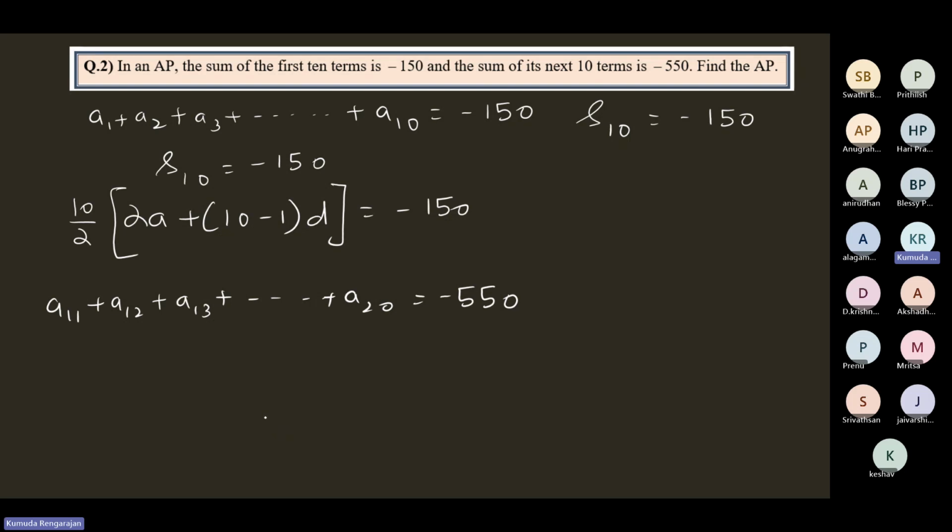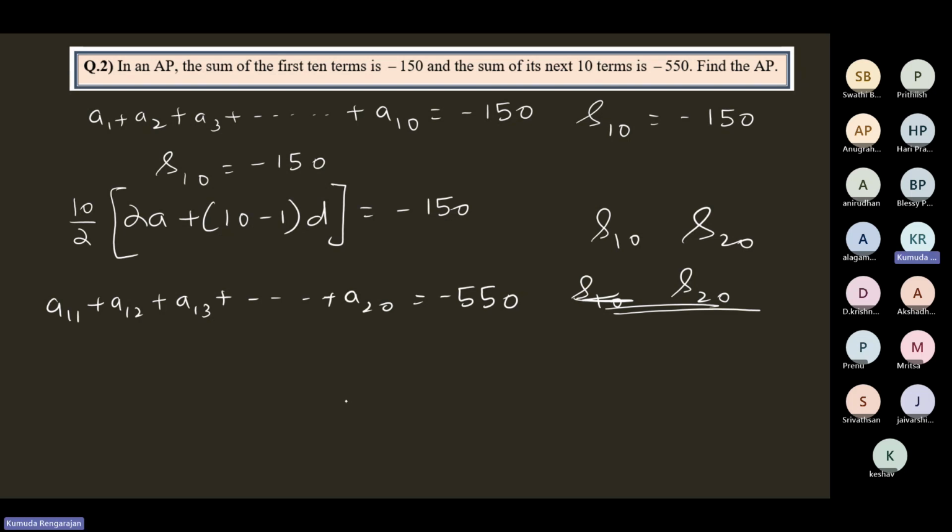Now this cannot be written as S10 because it's not the first 10 terms. And you cannot write S20 also because it is not the sum of the first 20 terms. We don't have any symbol to represent a bunch of terms in the middle, because S10 means the sum of the first 10 terms and S20 means the sum of the first 20 terms.